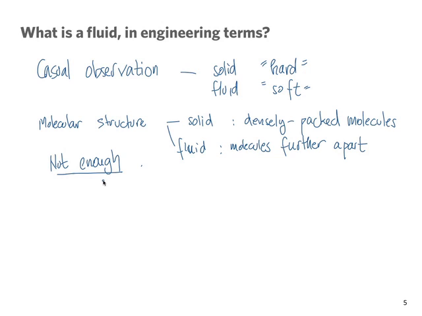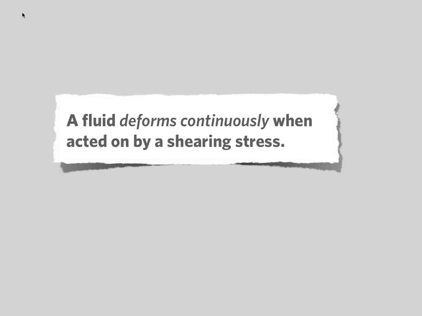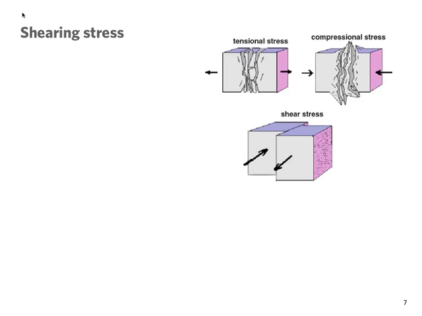And that is really our engineering distinction. So, in engineering terms, a fluid deforms continuously when acted on by what we call a shearing stress. A shearing stress is what we need to explain next. A shearing stress is a tangential force.